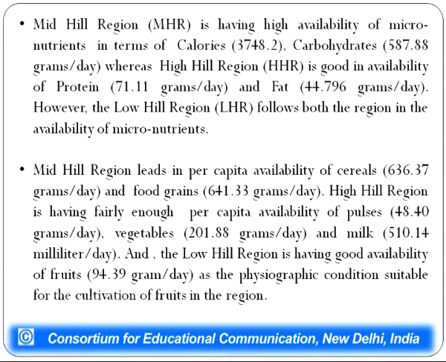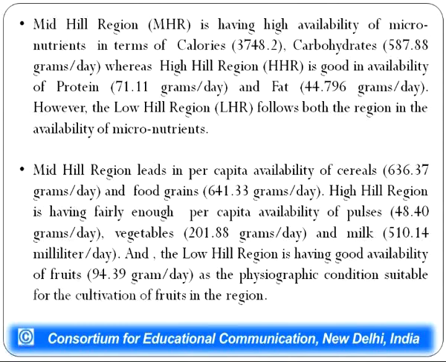children. So, the mid-hill region also has high availability of micronutrients, as we have examined the availability of animal products and others, and so we have more calories, more carbohydrates, whereas the high hill region has good availability of proteins.